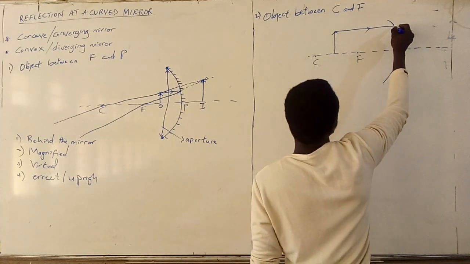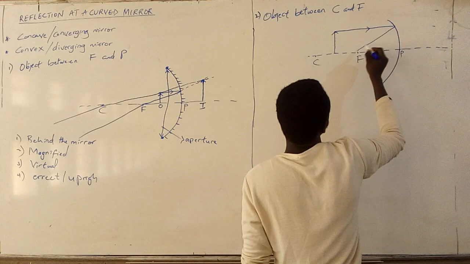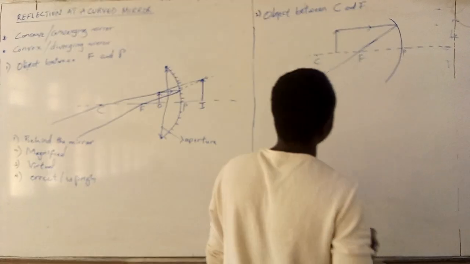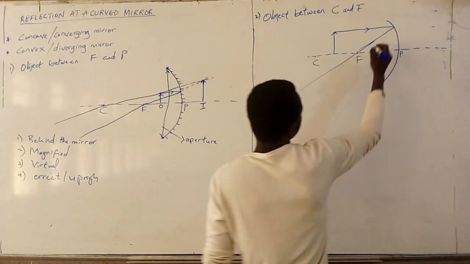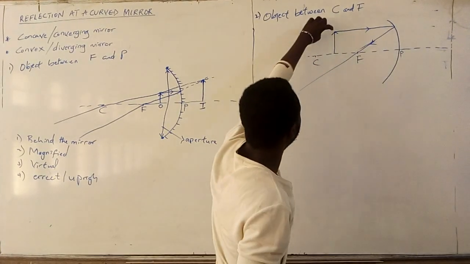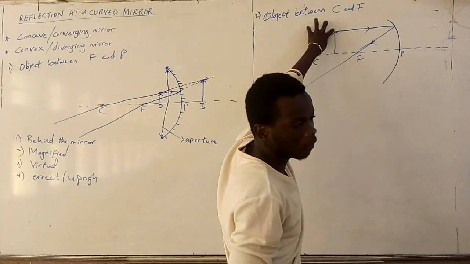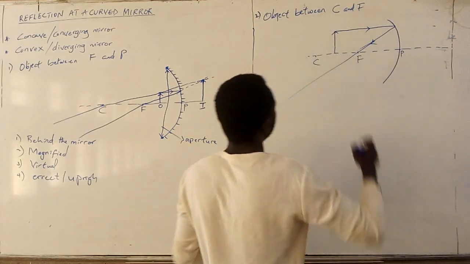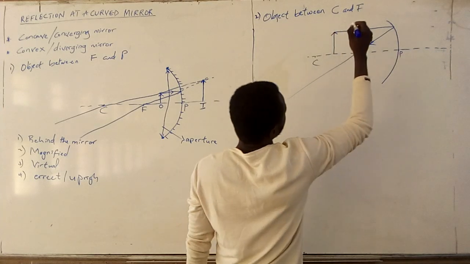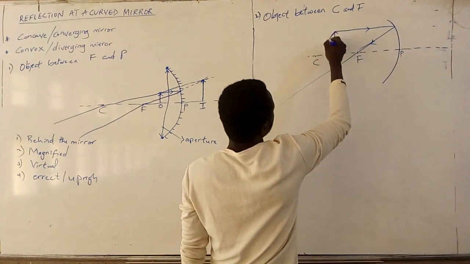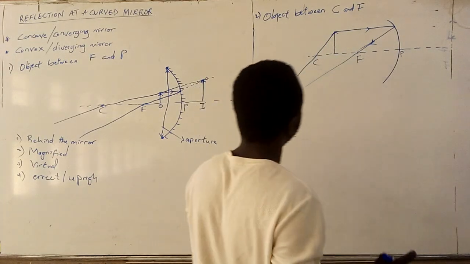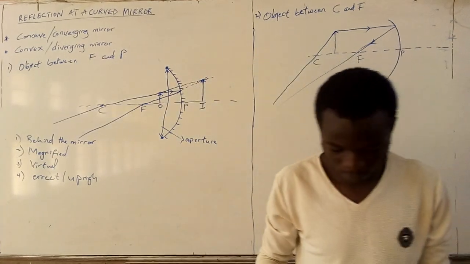Then it will be reflected onto the principal focus in this direction. Then we said from the top of the object, we are going to have a ray falling onto C, this way.